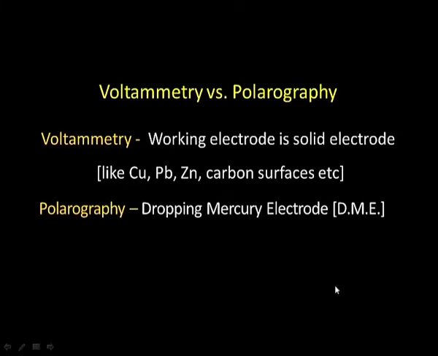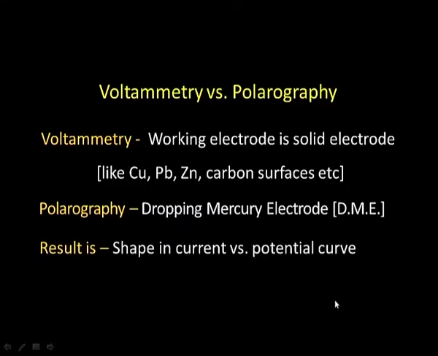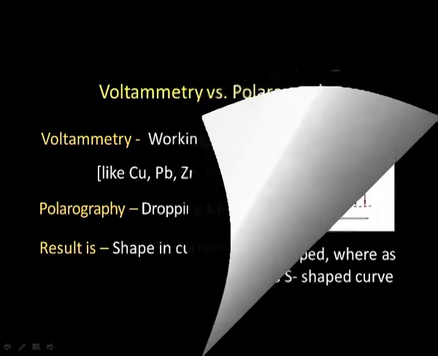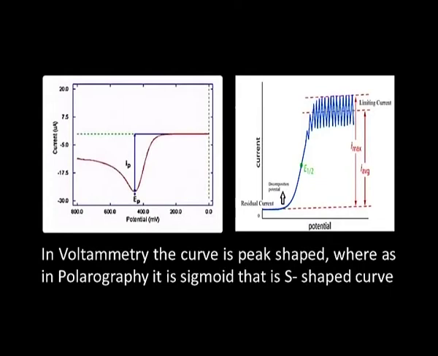Whereas in polarography, it is always a dropping mercury electrode represented as DME. The result is the shape of the current versus potential curve. You can see here in polarography we get an S-shaped curve. The curve begins with minimum current, reaches a maximum current and becomes constant.